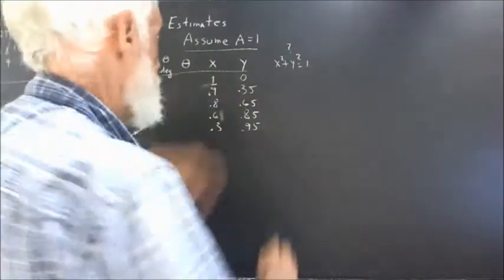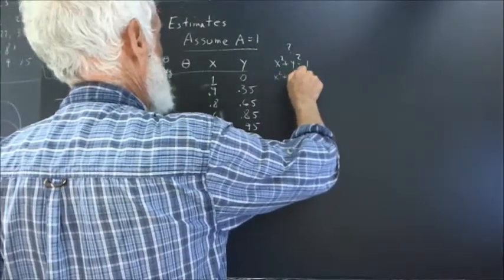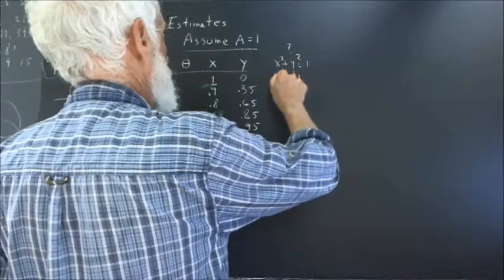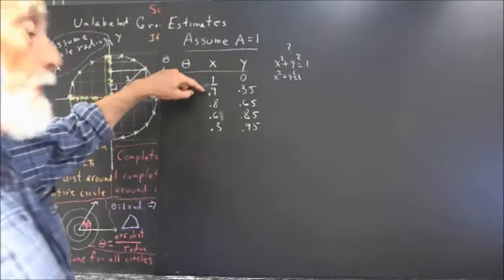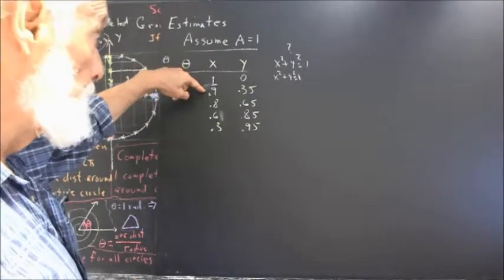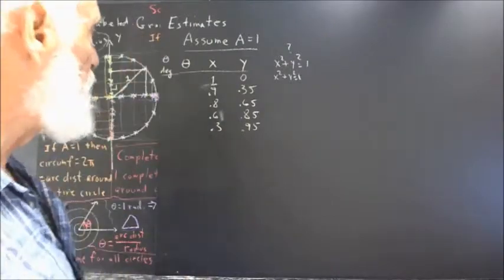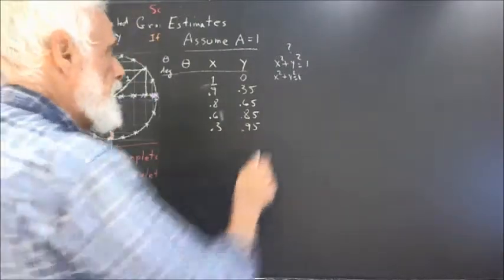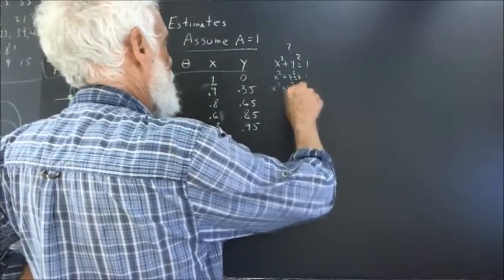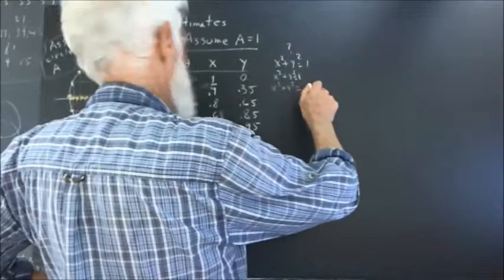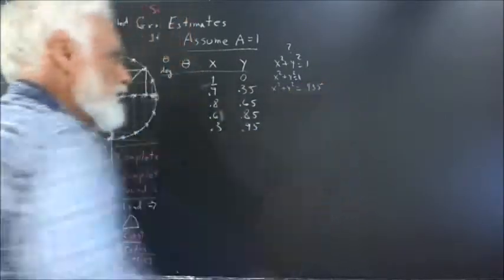Well, certainly for the first point where x is 1 and y is 0, that's the case. For the second, 0.9 squared is 0.81. 0.35 squared is actually 0.125. So that really adds up to 0.935, not quite 1.